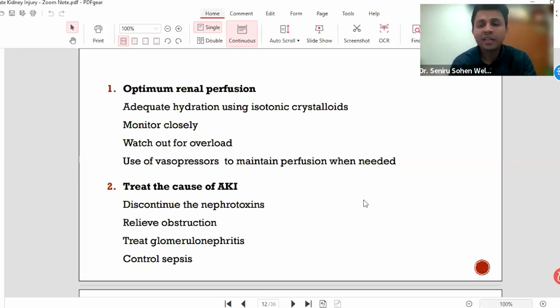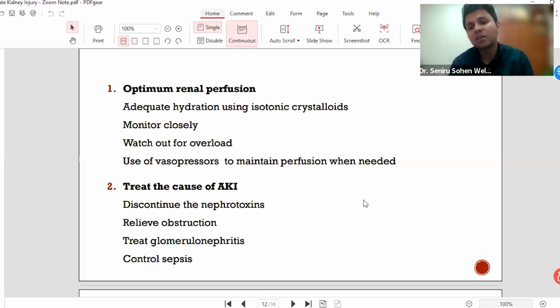To maintain renal perfusion, you would at least need a mean arterial pressure of 65 to 70 millimeters of mercury. So what to do if the patient is not classically volume depleted? Then you can closely give fluids at around 50 to 60 ml per hour, or maybe even 1 ml per kg per hour, to see whether the patient is fluid responsive.